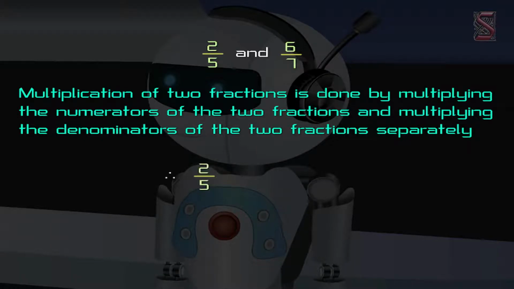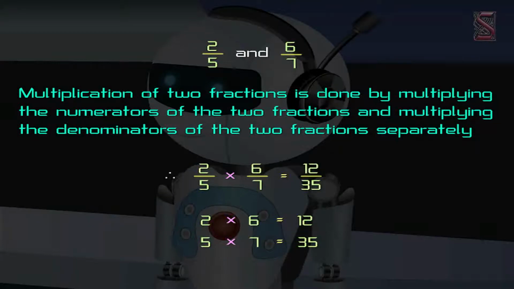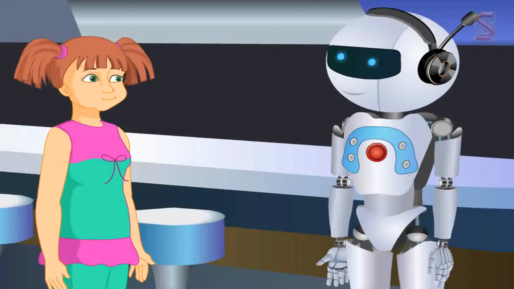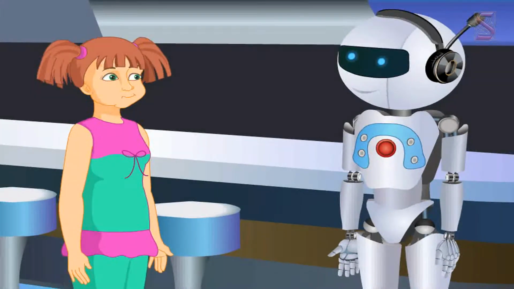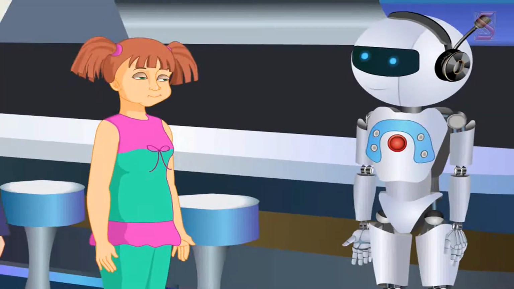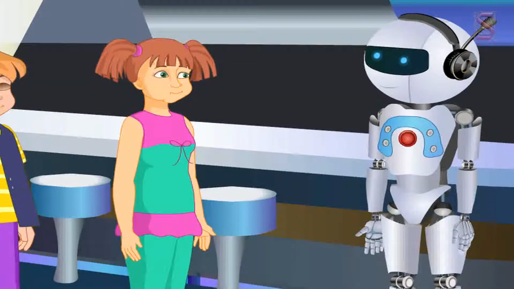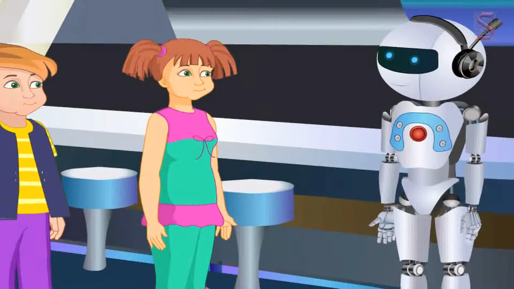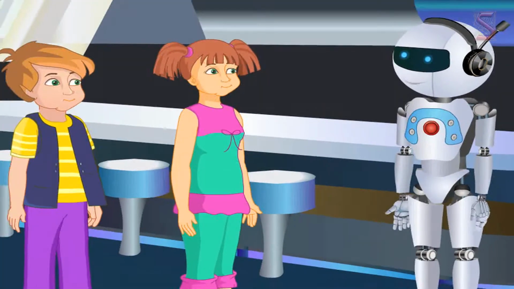Therefore, 2 by 5 multiplied by 6 by 7 is equal to 12 by 35. Hence, while multiplying a fraction with a fraction, you must multiply the numerators and denominators of the two fractions separately.